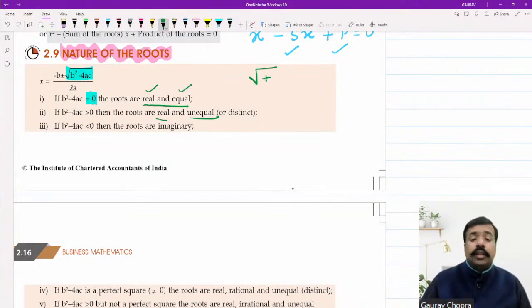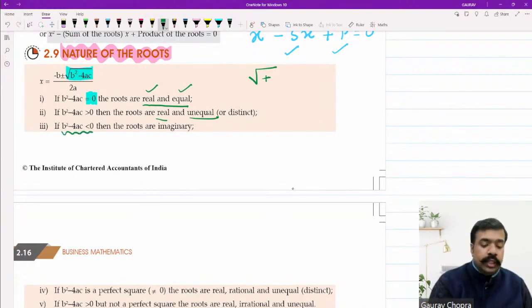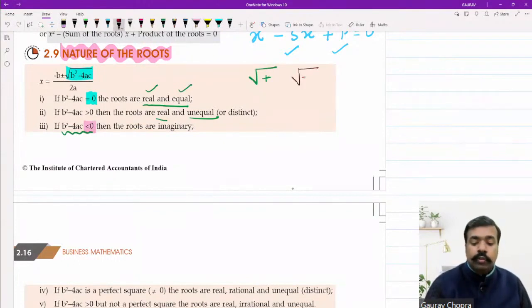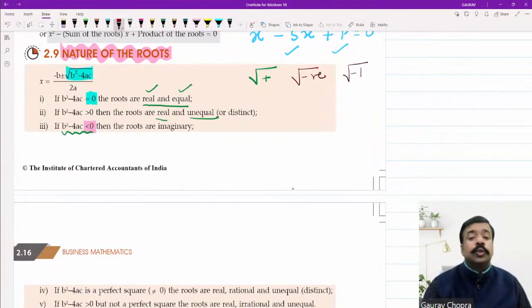But when b square minus 4ac is less than 0, that means the value will be negative. Inside the root, the value will be negative. And this negative value means the figure will be imaginary. Because whenever we are talking about a negative value in the root, let's say root of minus 1, this is known as iota, that is the imaginary number.